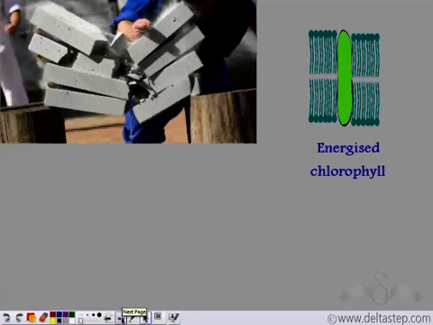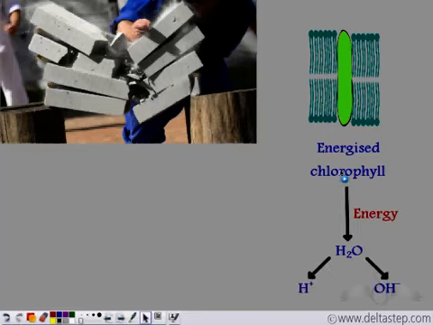Now, just like a black belt martial arts specialist concentrates all his energy in his hand to break the tiles from the middle, similarly, the energized chlorophyll breaks down water molecules into hydroxyl ions and hydrogen ions.